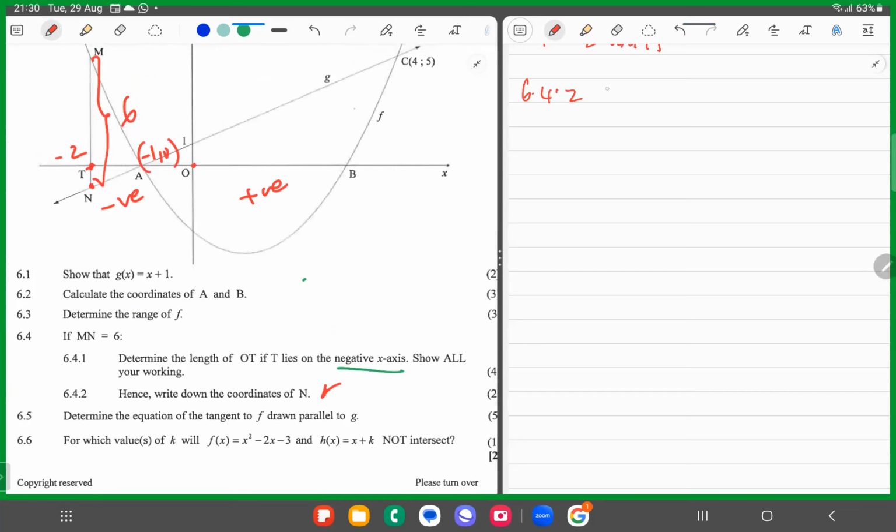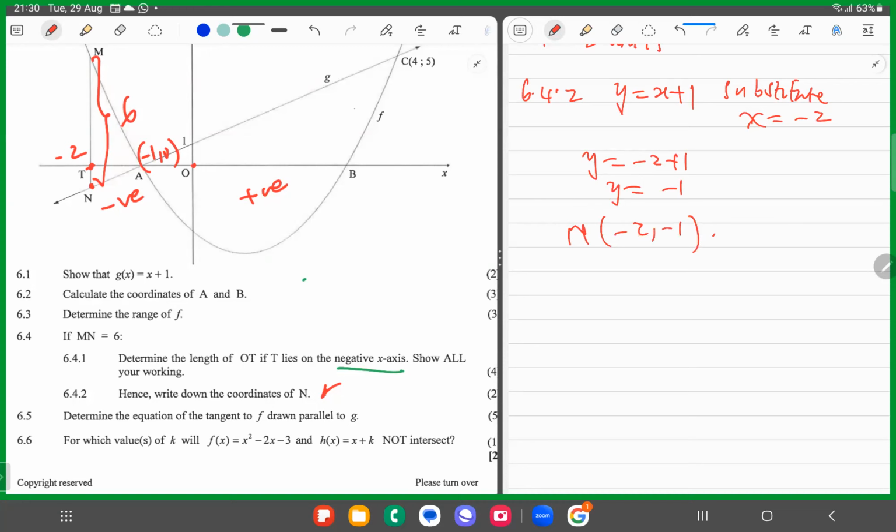We know that N lies on the line y equals x plus 1, and we're going to substitute x equals -2 because that's what it is. So you have y equals... x is -2 and y is -1.